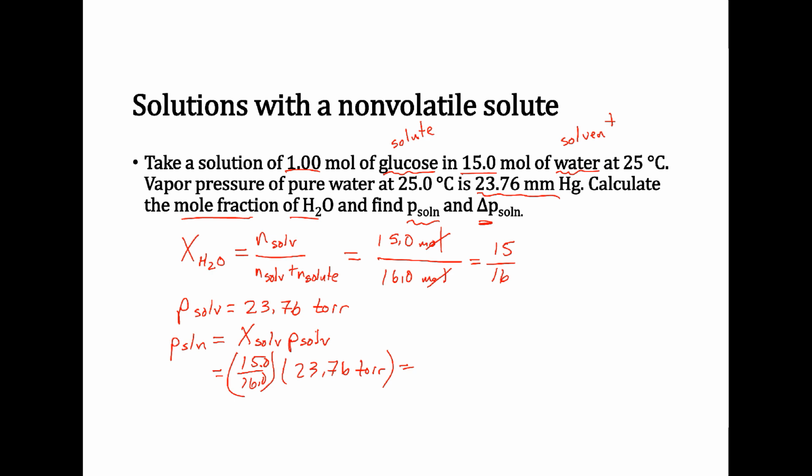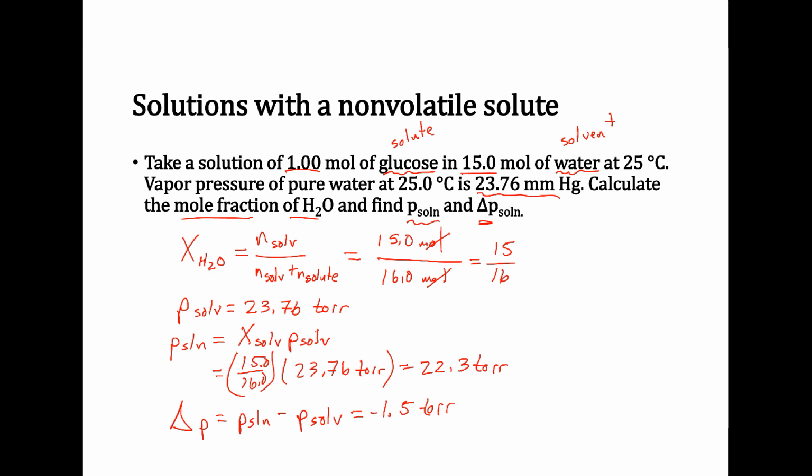So the vapor pressure of our solution is 22.3 torr. If we want to find the change in pressure, we can take the pressure of our solution, so that's the final pressure, minus the initial pressure, which would be the pressure of our solvent. And we see that this was lowered by 1.5 torr.